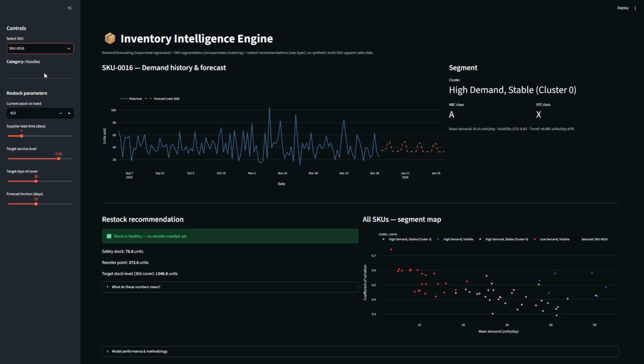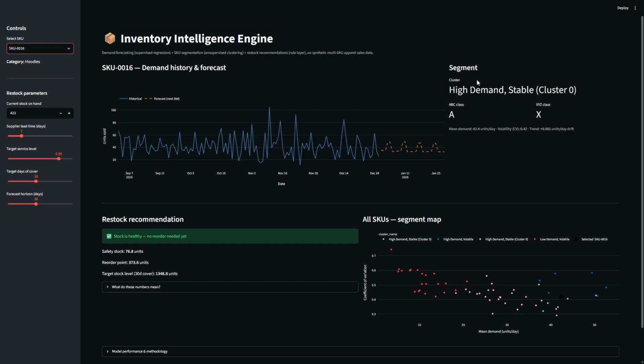So in the top left is the sales history and the forecast with the dotted lines for the next 30 days. The model behind this hit a mean absolute error of 8.4 units a day on real held out data across all 60 SKUs. The top right is the segment panel.